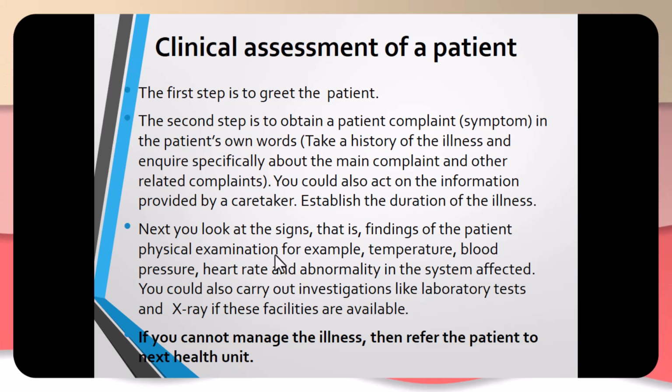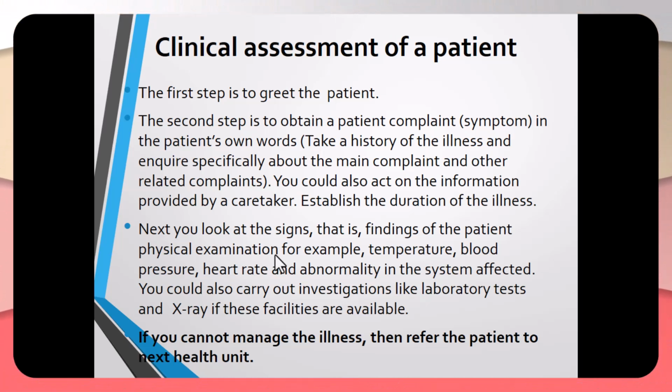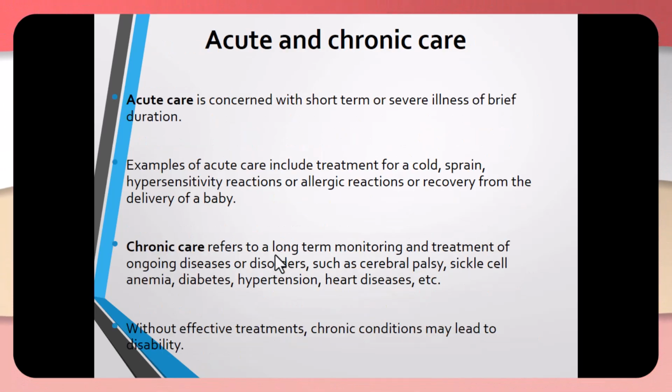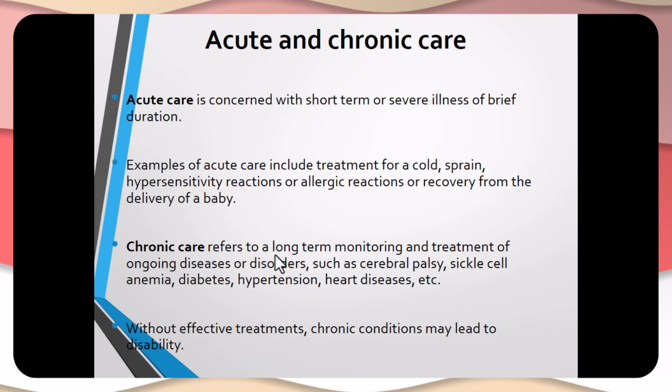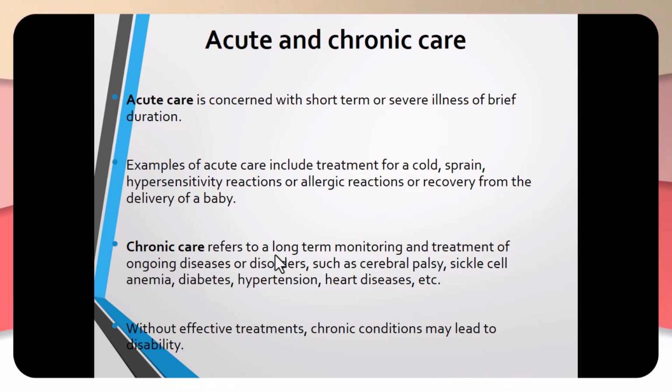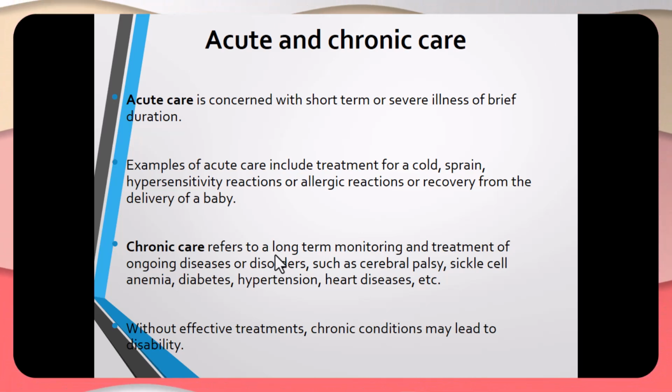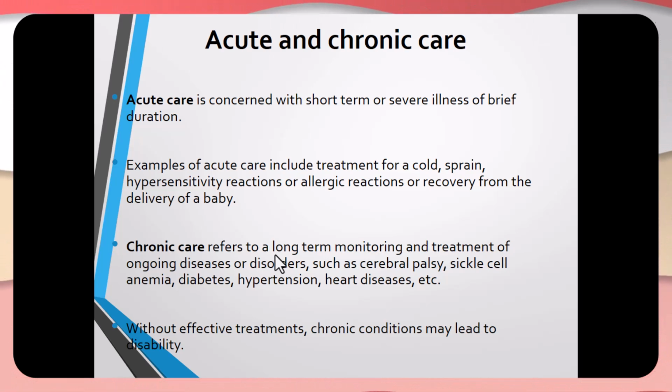If you cannot manage this illness, kindly refer this patient to the next health unit. Do not handle what you're not trained to handle. Okay, a patient has come, maybe requires a surgery, and the pharmacist is not trained to provide surgery. So it's not right for you to start.